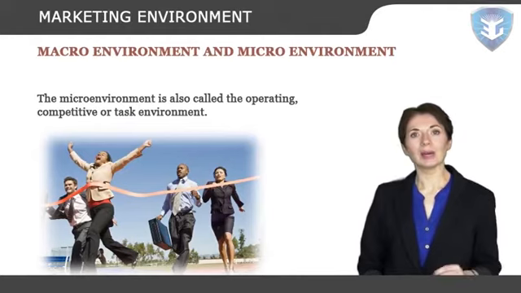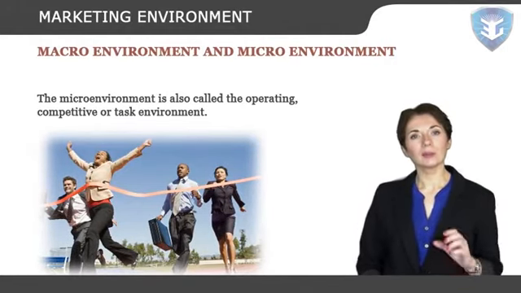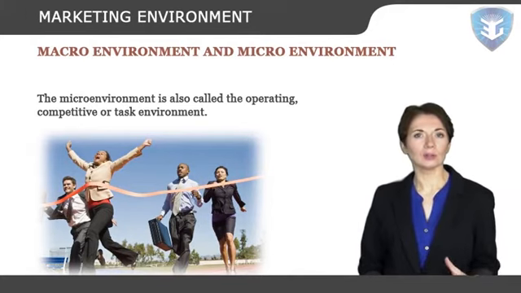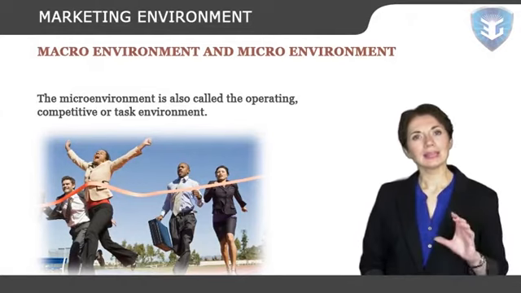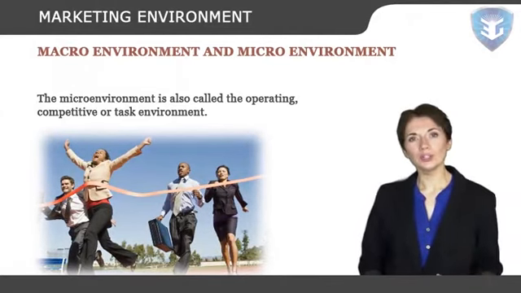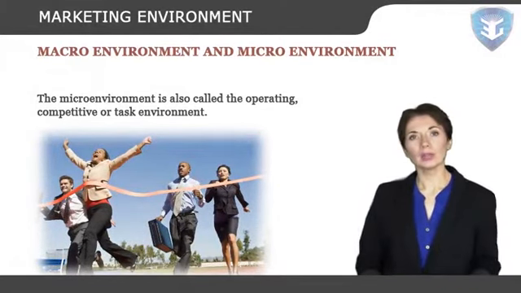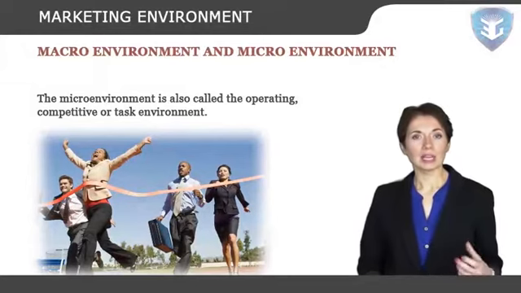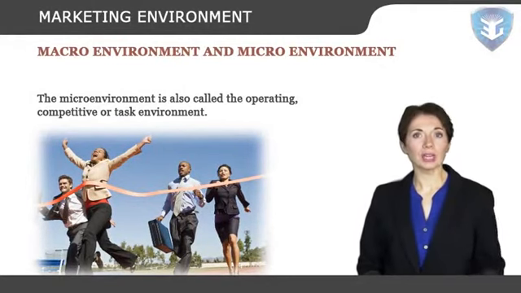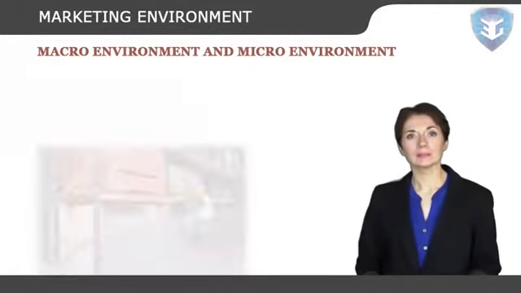Now we will learn about macro environment and microenvironment. The microenvironment is also called the operating, competitive, or task environment. It consists of sets of forces and conditions that originate with suppliers, distributors, customers, creditors, competitors, and shareholders, as well as trade unions and the community in which the business operates.